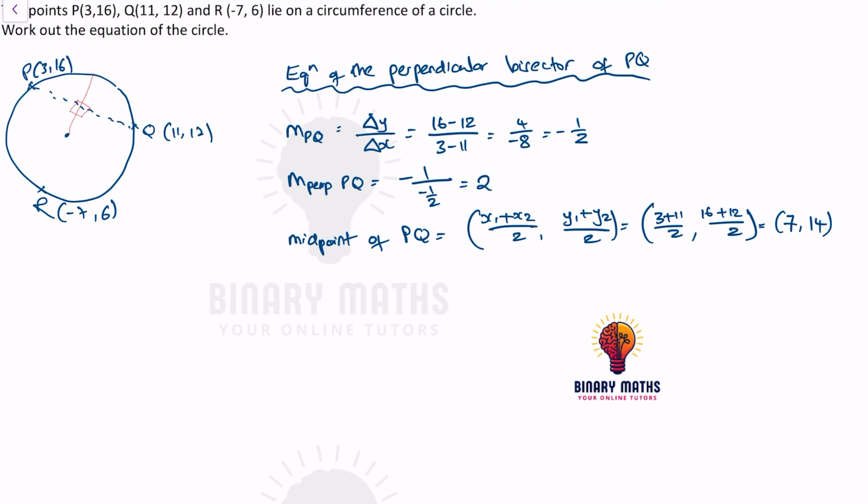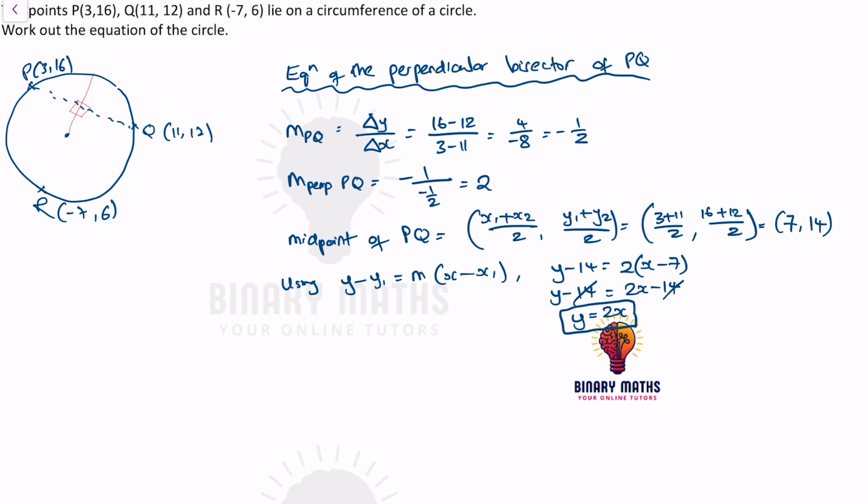So now that I've got the gradient and the midpoint of my bisector, using y minus y1 is equal to m times x minus x1, I get y minus 14 is equal to 2 times x minus 7, which is y minus 14 is equal to 2x take away 14, which means y is equal to 2x. So my perpendicular bisector of P to Q is y is equal to 2x.